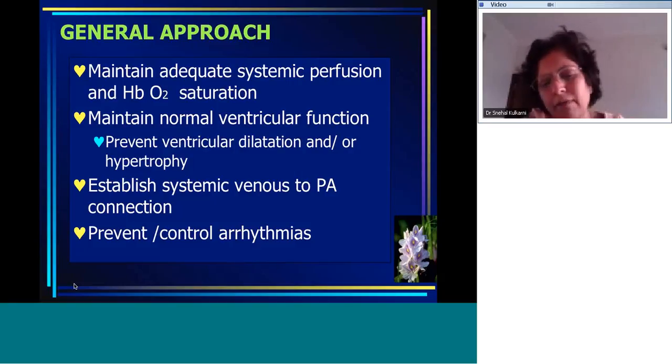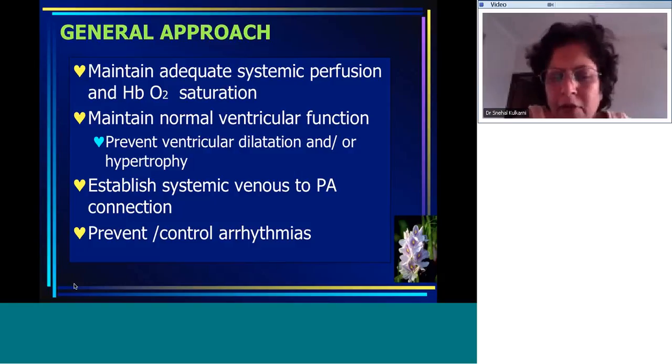We know we have to connect the systemic veins to the pulmonary artery at some period of time, and see to it that we should not have arrhythmias much, mainly because if you lose the atrial contraction to the ventricular filling, as it is, most of the ventricles in univentricular heart have some amount of diastolic dysfunction. When you have diastolic dysfunction, atrial contraction to the ventricular filling is very important for maintaining the cardiac output.